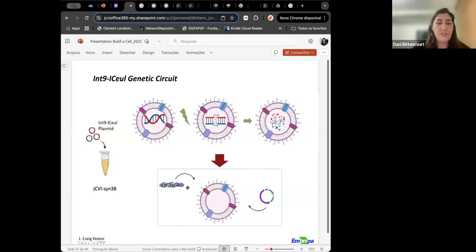This is what we are doing now, evaluating this genetic circuit to see if it can fully degrade my genome, so we can use the cell as a chassis to receive a new genome. I hope to acquire a synthetic cell completely made from non-living parts.